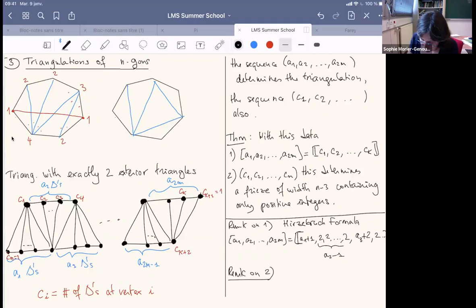The remark on the second statement here is that it works with all triangulations, not only with these particular ones. It works with any kind of triangulations.